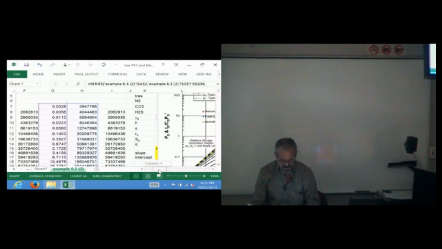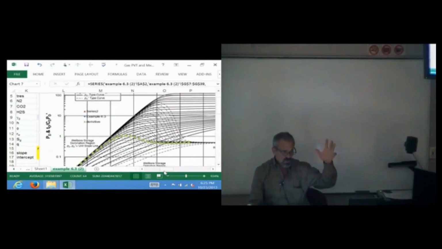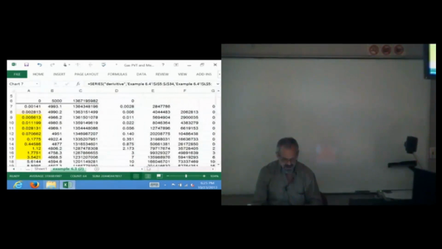And they're going to have left the type curve. See that? Because my 1 and 1 is too far off. But before I make any adjustments, I want to get my derivative series on here. Same way. This is going to say comma 3 at the end.